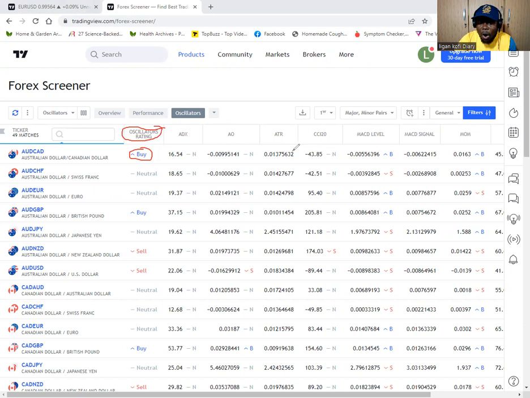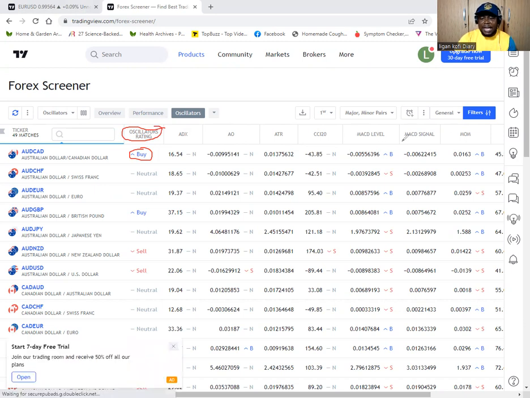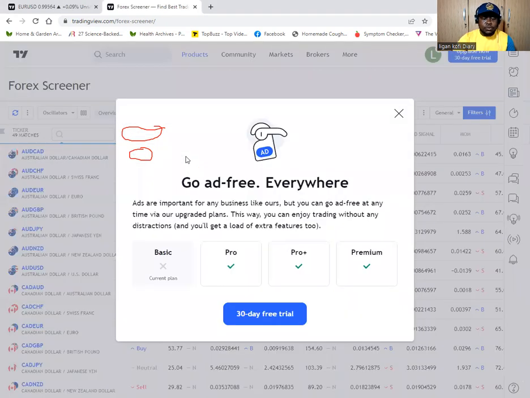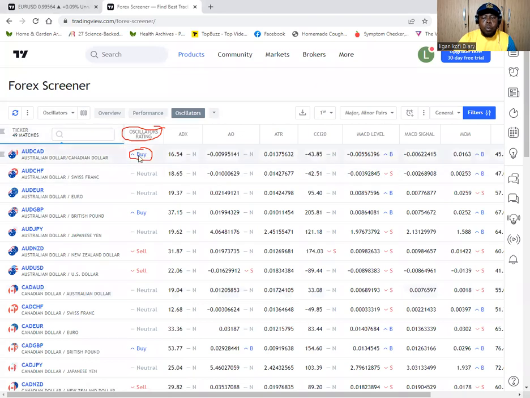It has taken all these results and added them up, and it is giving you the outcome, which is a buy. So when you are looking at this screener, you are not looking at the individual oscillators.